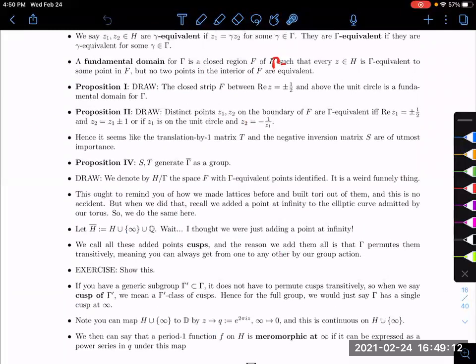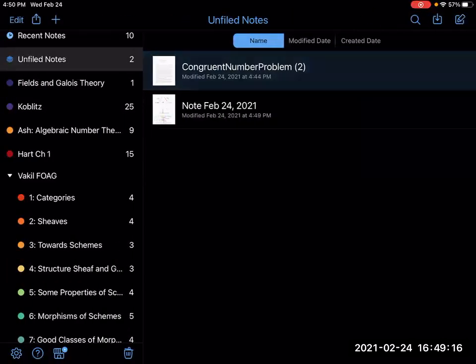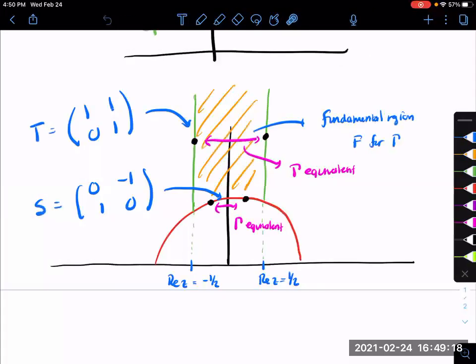Now we're going to do one more thing, right? Remember how when we were talking about lattices, what were the functions we were looking at on lattices? We were looking at elliptic functions, right? Elliptic functions are doubly periodic. So what that meant was on the lattice, we were looking at functions whose values on points that are just opposite each other in the fundamental parallelogram are the same.